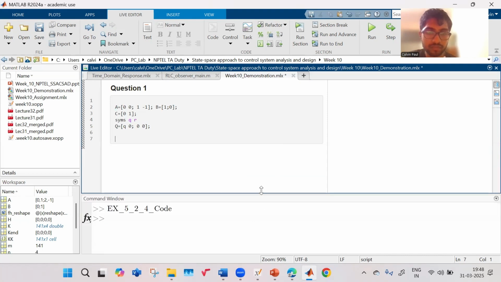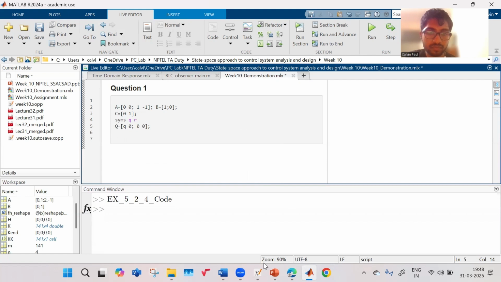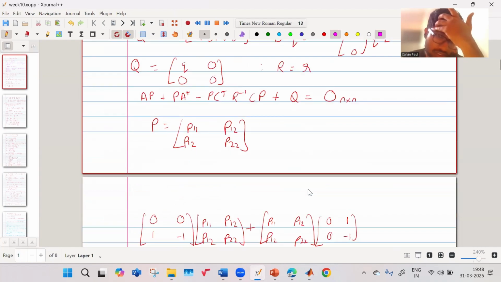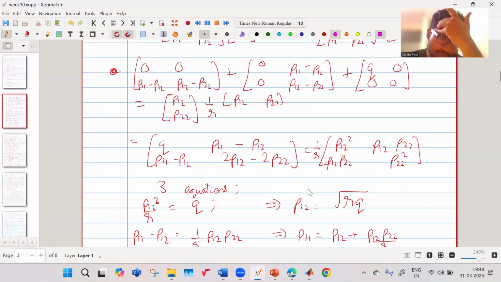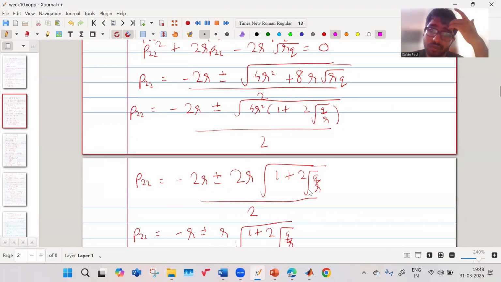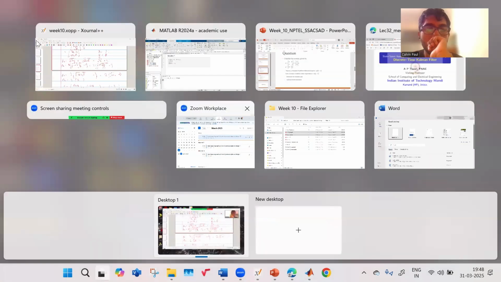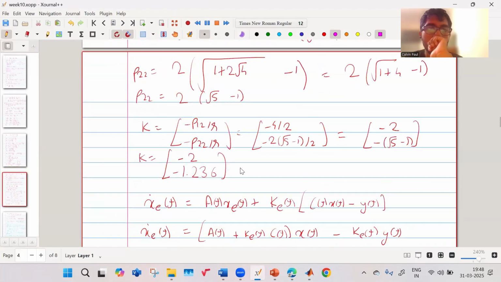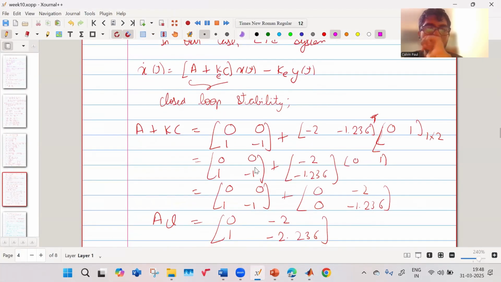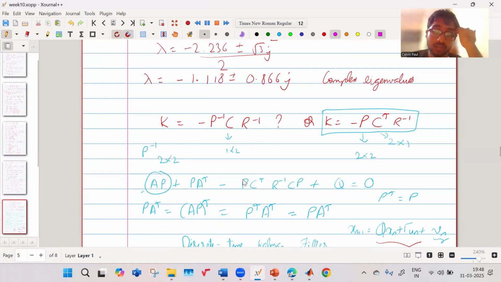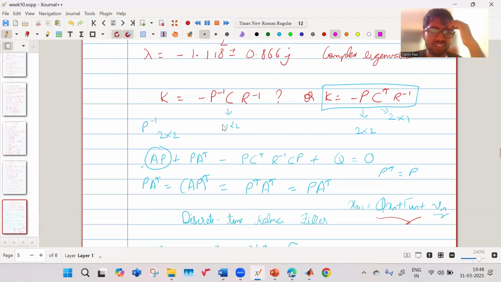We have question one. What did we have to solve? We have to solve this P matrix, P1, P1, 2. We got the equations and we found these variables and this gain K. Closed loop stability also, we got the closed loop matrix, the eigenvalues. This is more or less, I think it's correct.